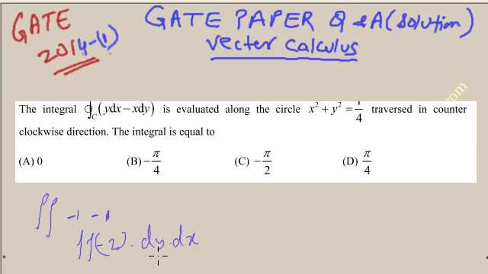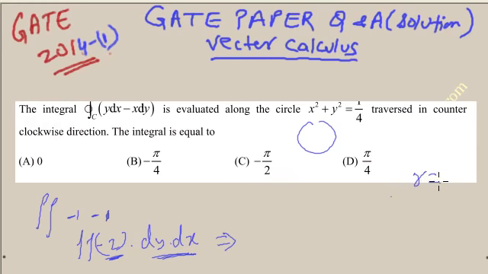So the double integration of this is actually the volume of this surface, and the height is constant, minus 2. The volume is area multiplied by height, and the area is pi r square.